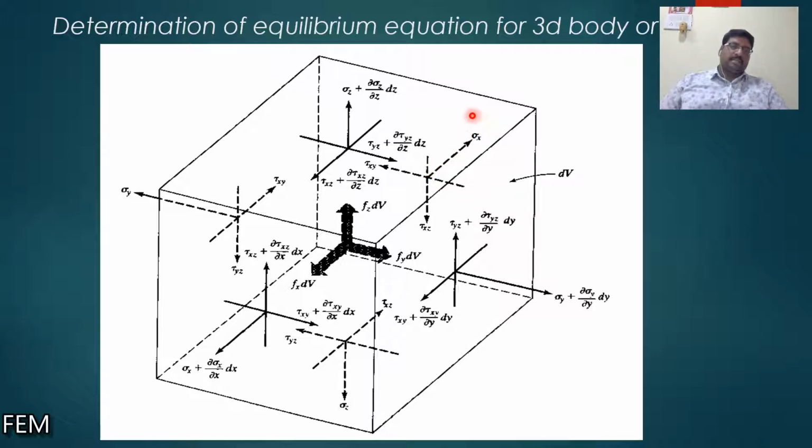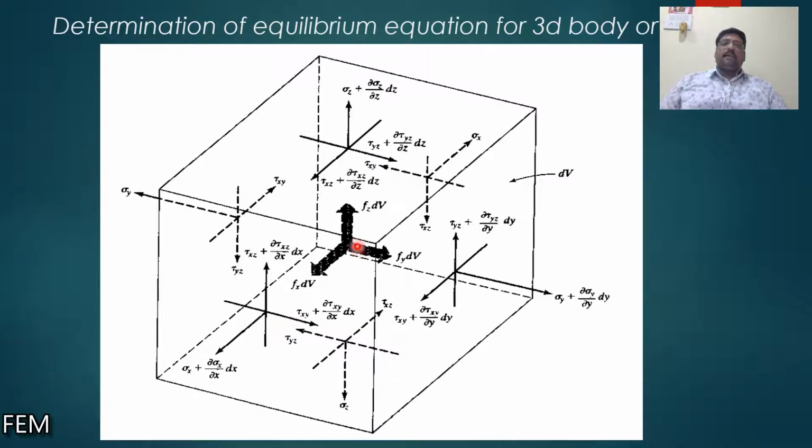The stress developed in the x direction is sigma x. After applying the load, the body will be deformed, and the change in the stress produced due to the load applied is represented by dou sigma x by dou x into dx.